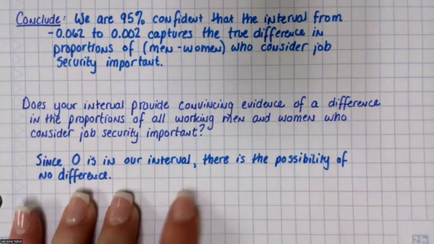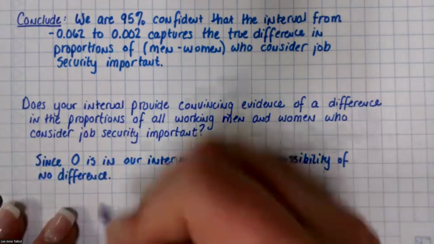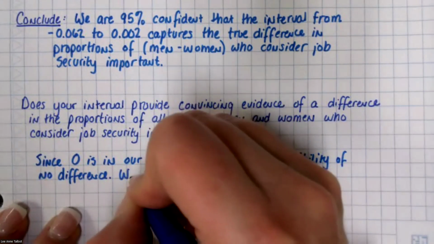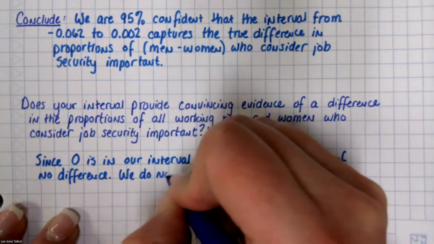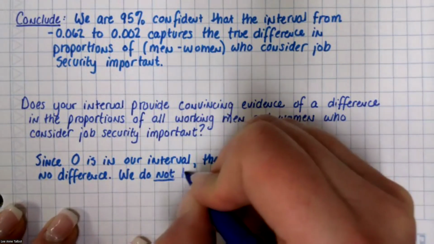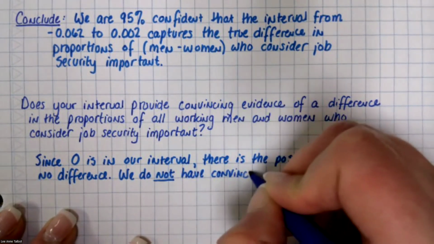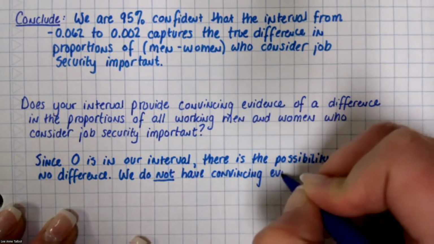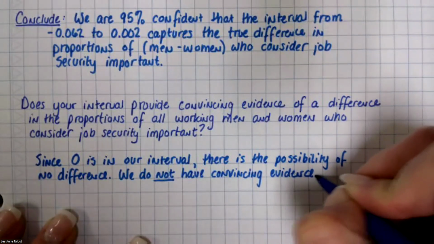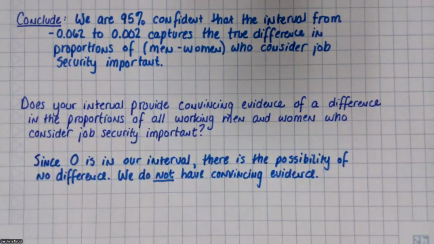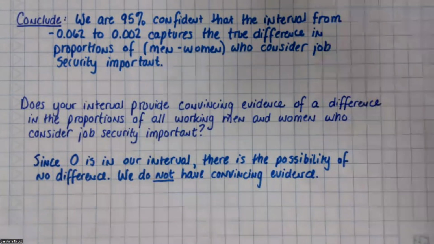We're not going to add that part, but we do not have convincing evidence because zero is a possibility. That's it. We did it.